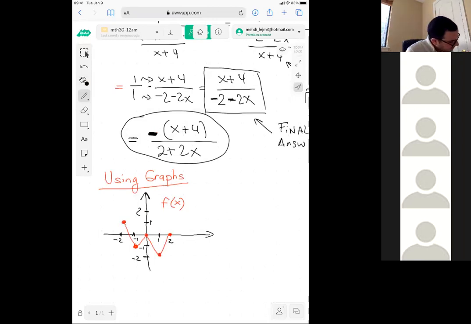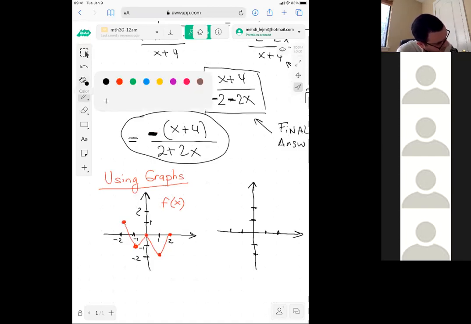Now let's graph g of x. Right, here's my g of x. So we have a point right here.